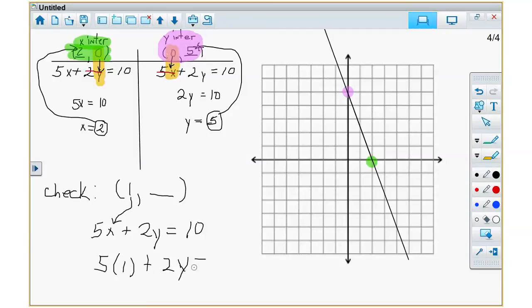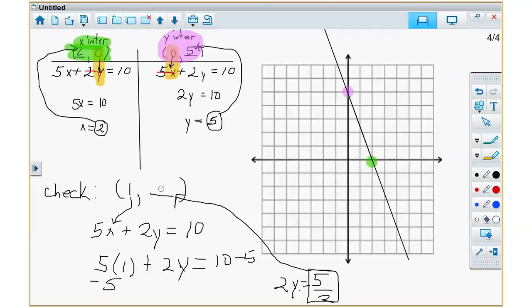Good. How did I get rid of the 5? Subtract it. So subtract 5 here, subtract 5 here, and that's going to give you 2y is equal to 5. Divide by 2. And what do I do with that 5 halves? It goes in the y spot.